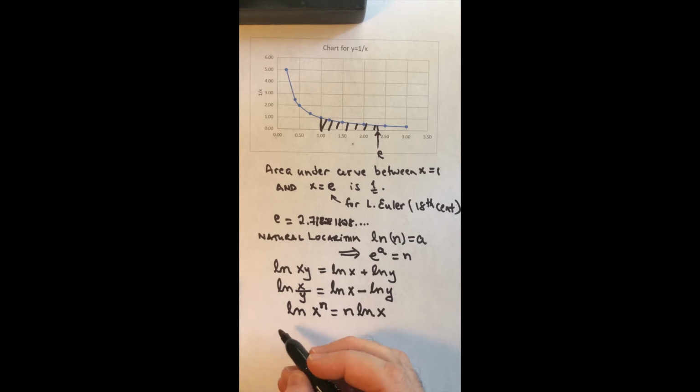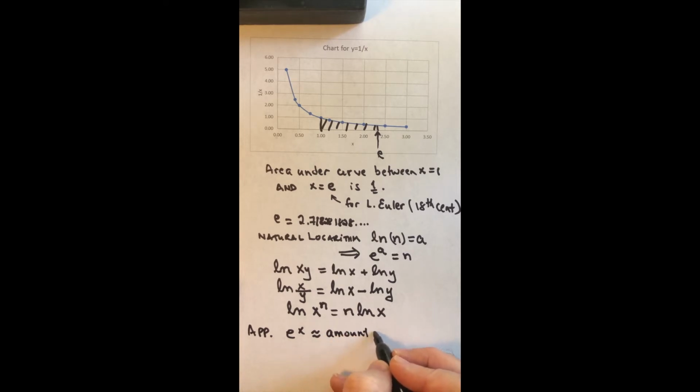For example, if I say e to the x, I can make that mean the amount of growth of, let's say, an investment portfolio over time x. That's how we could use that.